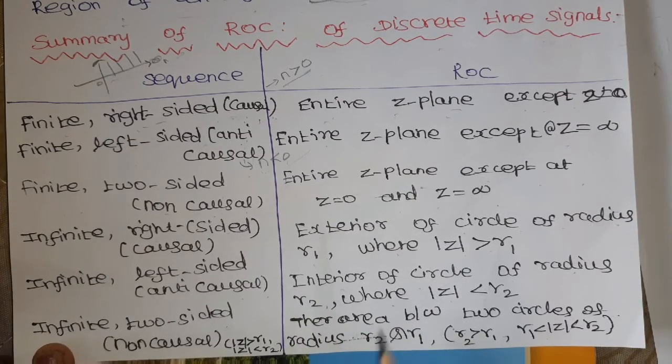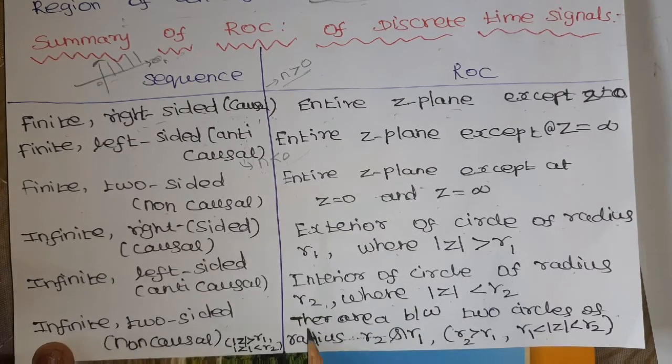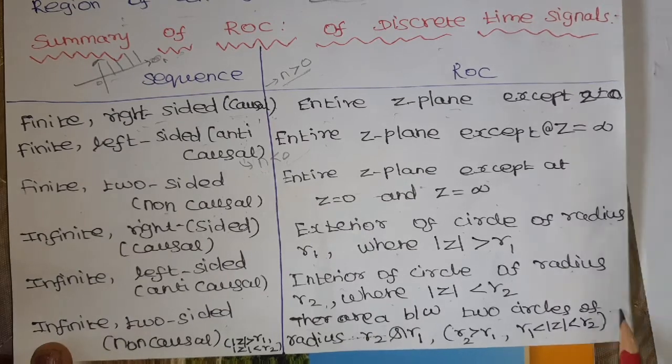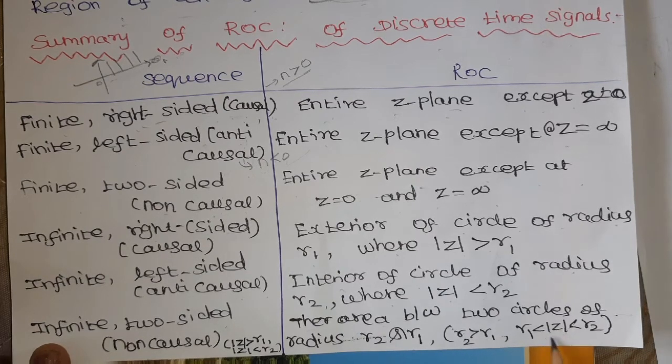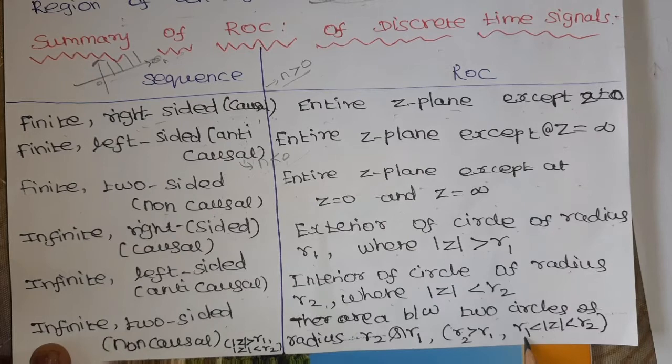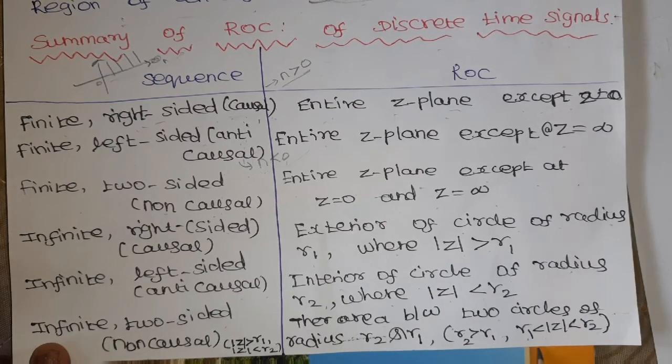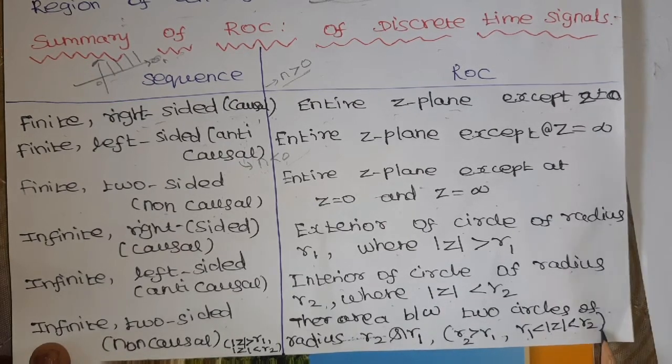For an infinite two-sided signal, which is a non-causal signal, how will the ROC be? It is the area between the two circles of radius R1 and R2, where R1 is less than mod Z and mod Z is less than R2.